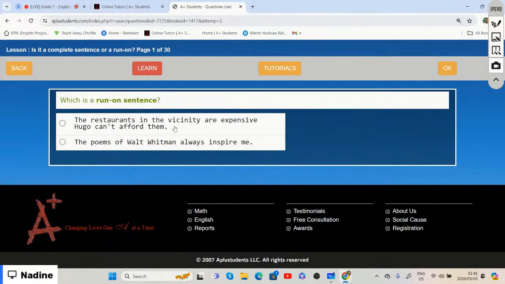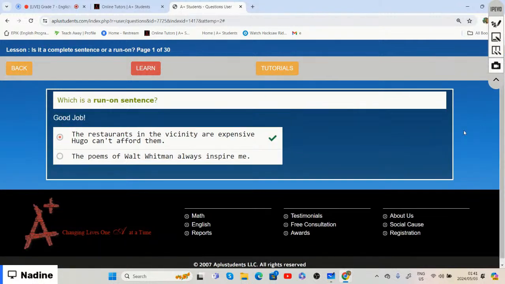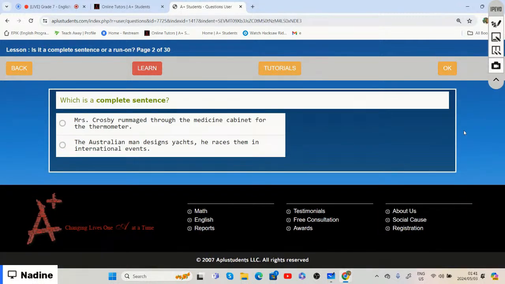We said a run-on sentence would be, the restaurants in the vicinity are expensive. Hugo can't afford them, right? So that is a run-on sentence.